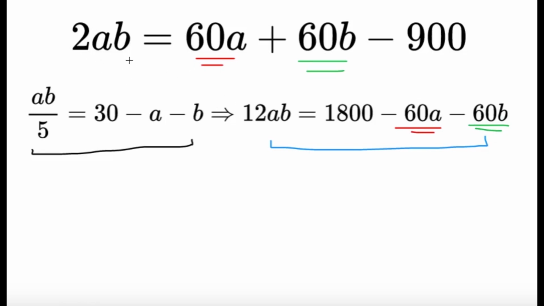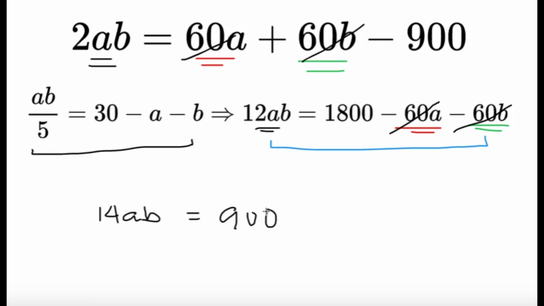On the left-hand side, I add 2ab and 12ab to get 14ab. On the right side, all I'm adding is negative 900 and 1800, which gives 900.